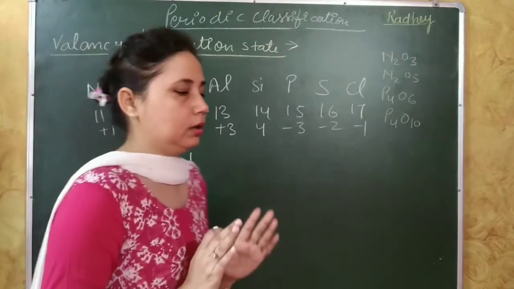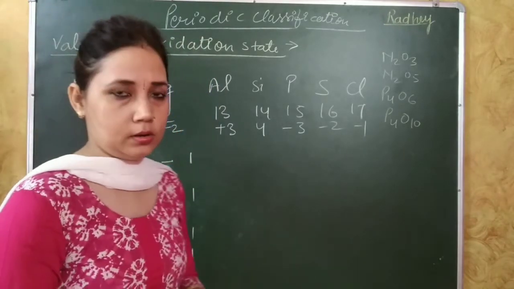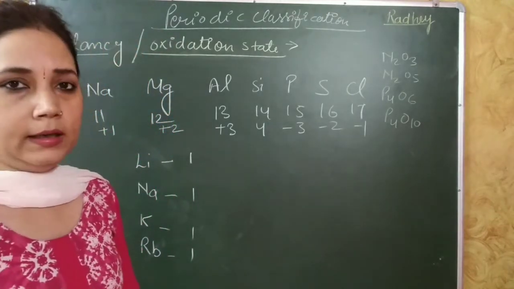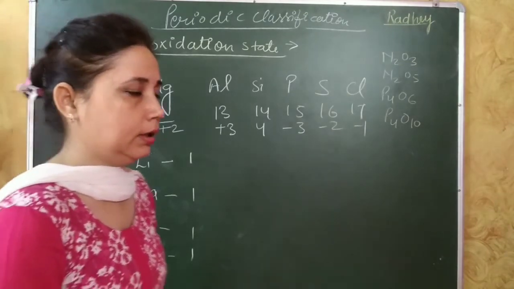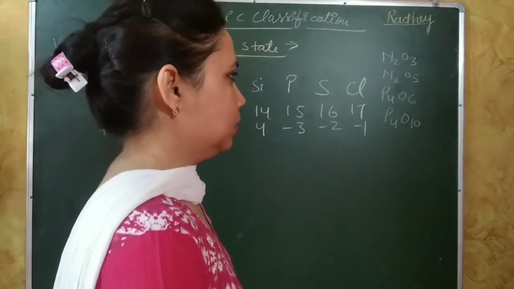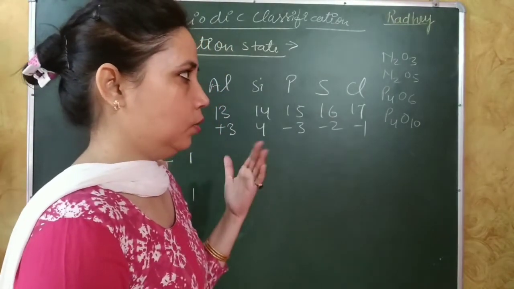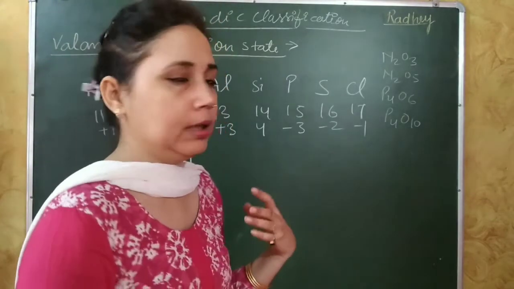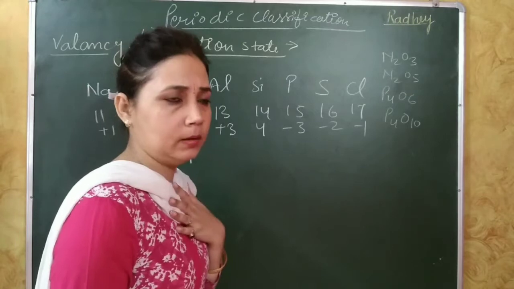Now we understand what valency is, but we should also see the exceptions, in which some elements show variable valency, meaning their valency is not fixed, like always 1, or always 2 or 3. These elements belong to the D and F block elements, and some of the P block elements also have variable valencies.